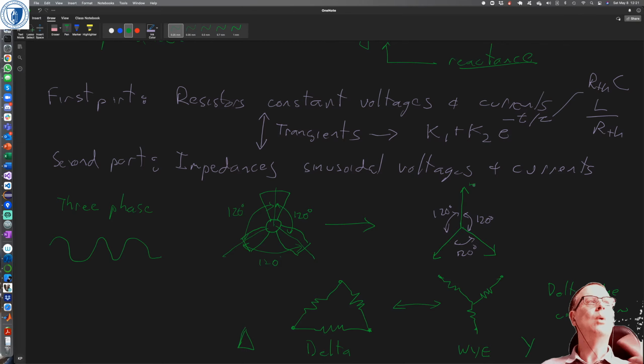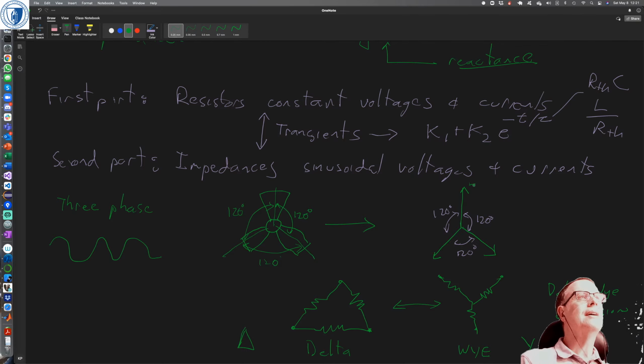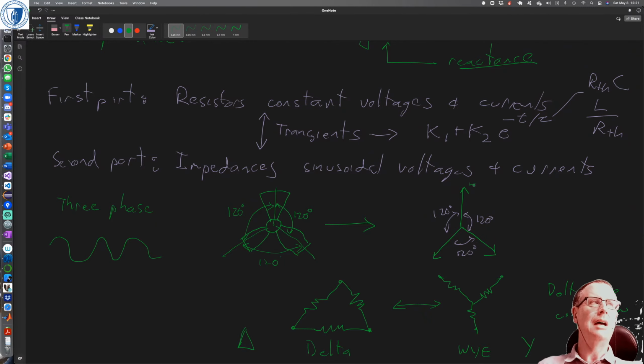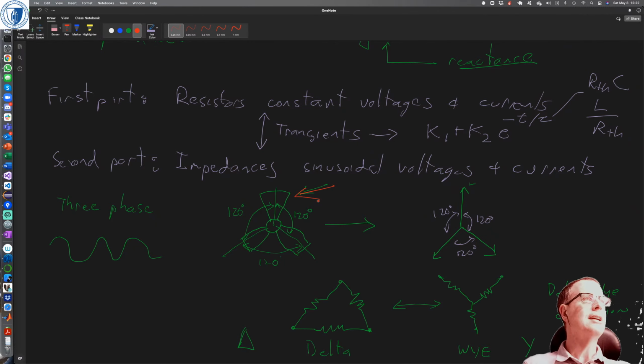But each of them is 120 degrees out of phase with all the others. And the reason it's 120 degrees out of phase is because it was generated like that, right? It was generated from a rotating machine which had three poles, and the three poles are 120 degrees out of phase.